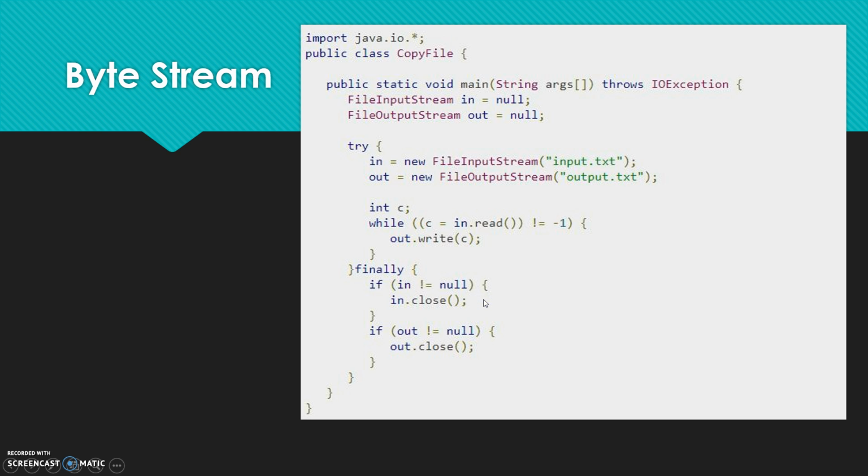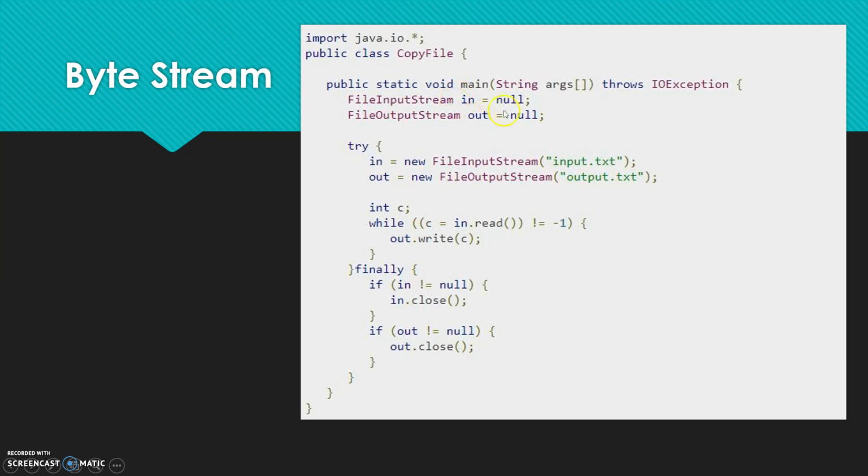So the difference between a byte stream and a character stream. A byte stream is going to be an 8-bit stream. So you can use file input stream and file output stream. I said that wrong at first. Right here, we're using file input stream in.